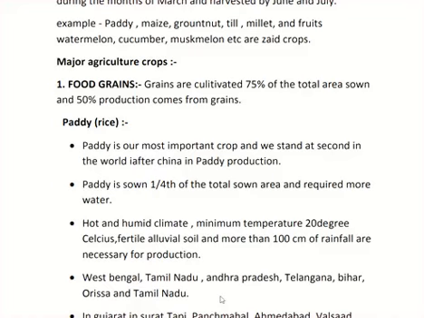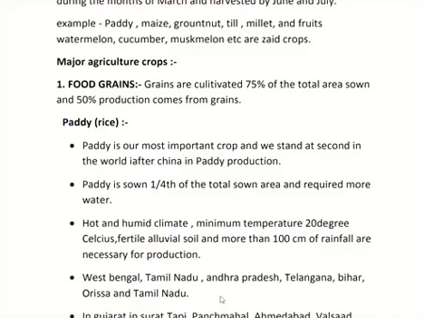Rice cultivation needs hot and humid climate, minimum temperature of 20 degrees Celsius, fertile alluvial soil, and more than 100 centimeters of rainfall. These are the requirements of paddy cultivation. If a farmer wants to cultivate paddy on his land, he has to work on all these requirements.